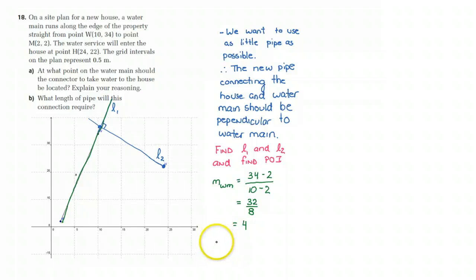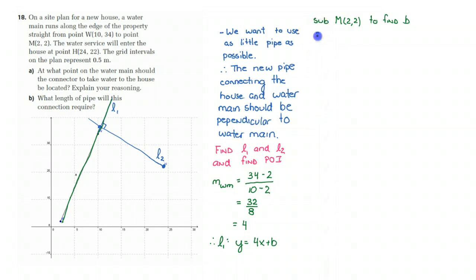So for L1, we can say that y is equal to 4x plus b. Of course, I need to find b. We can pick either W or M here. I'm going to sub in M because it has smaller numbers. Sub in M, which is 10, 2, to find b.